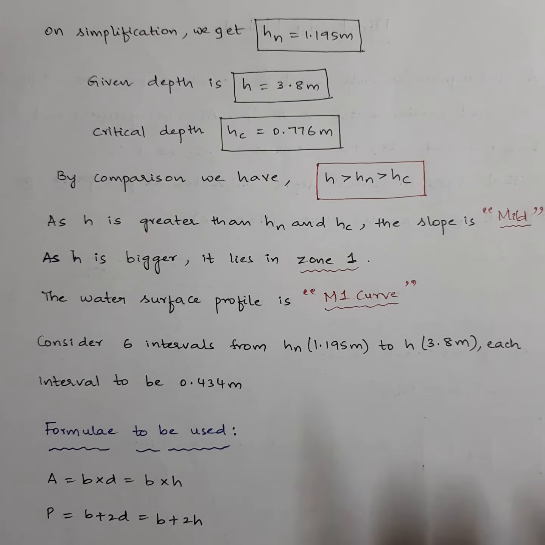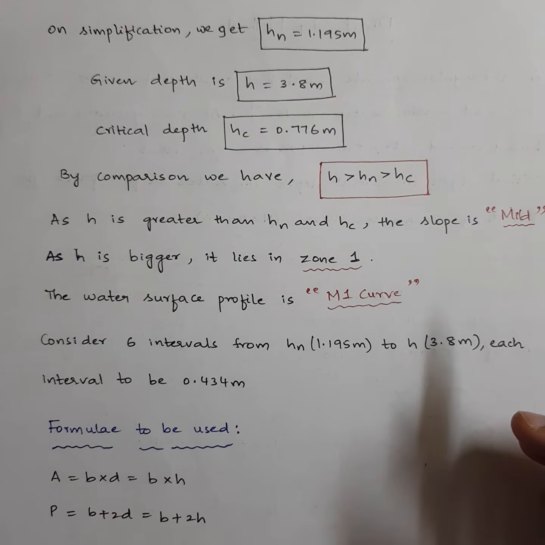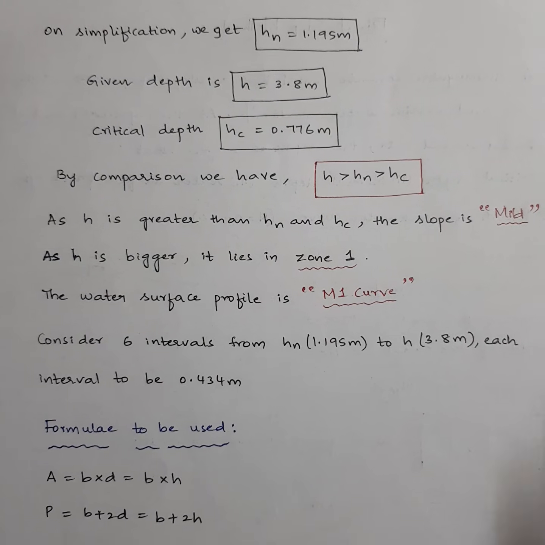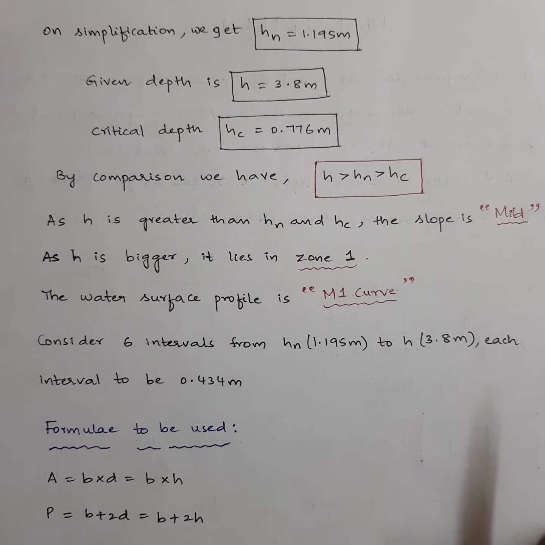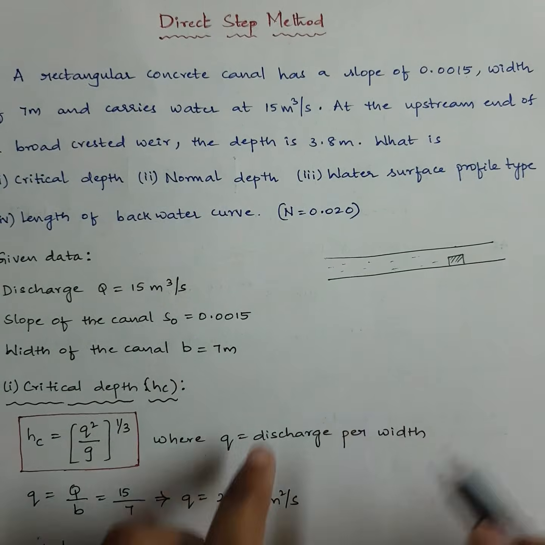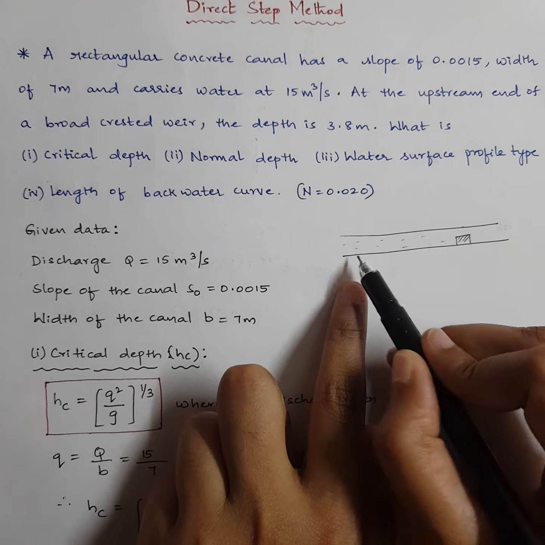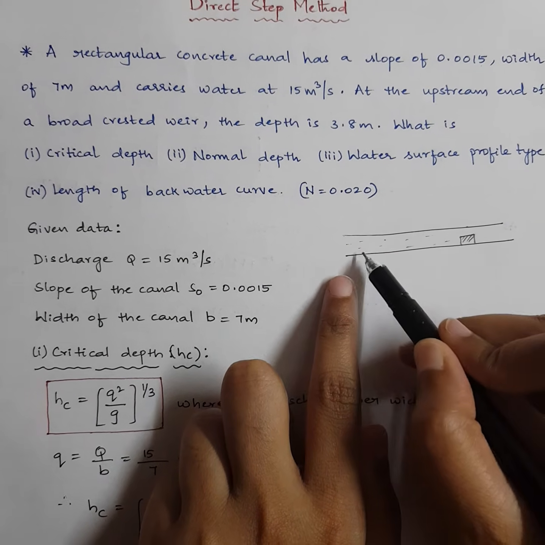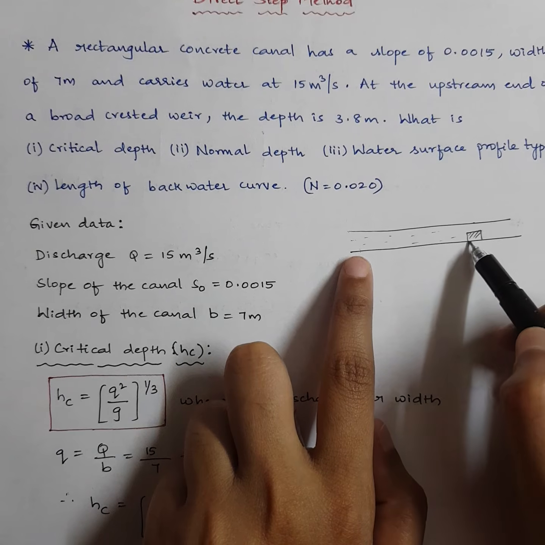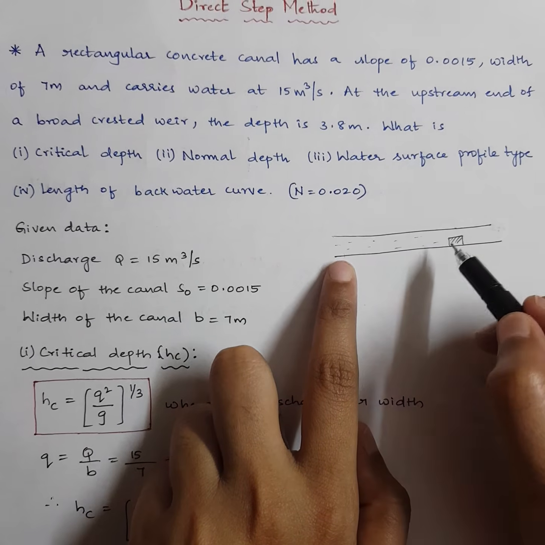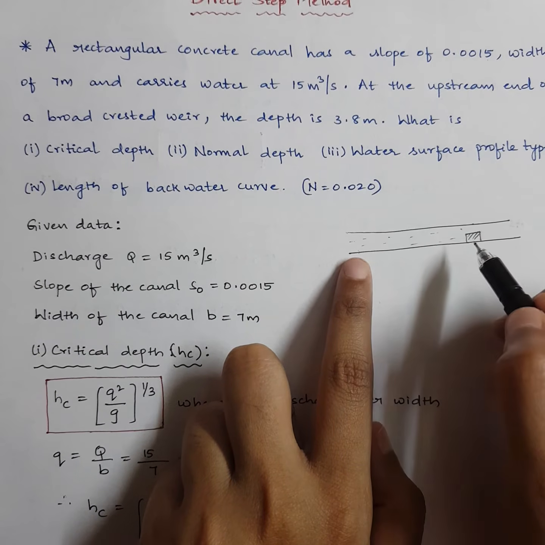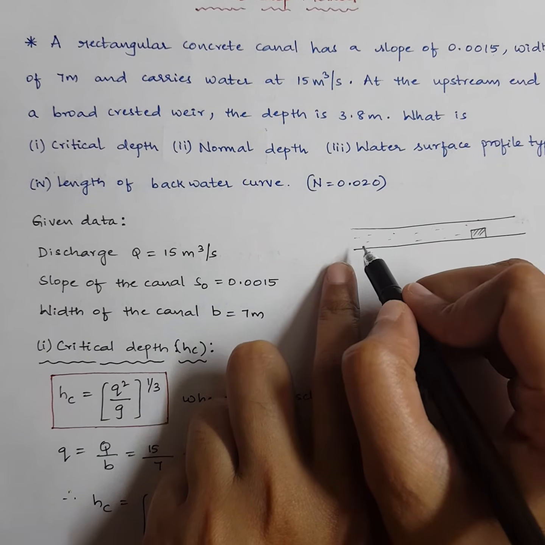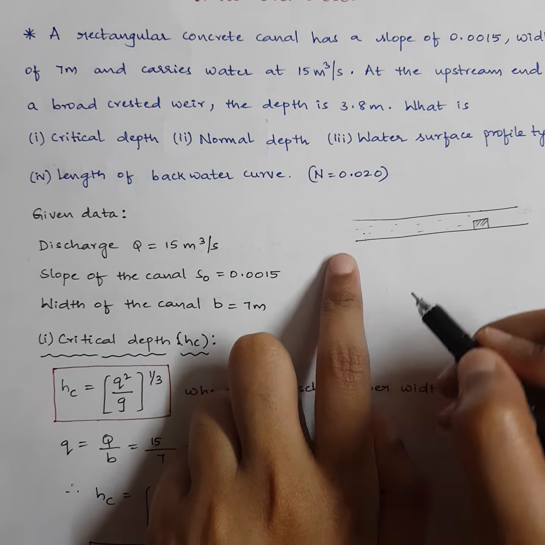Now the next question was, what is the length of the backwater curve? He's asking what is the total length over which this water profile exists. See, we got the normal depth, just now we got 1.195. Say somewhere our 1.195 is here. And on the upstream side of this broad crested weir, what was the depth? It was 3.8. So here the depth is 3.8 on the upstream side of the weir, and here our depth was 1.195.